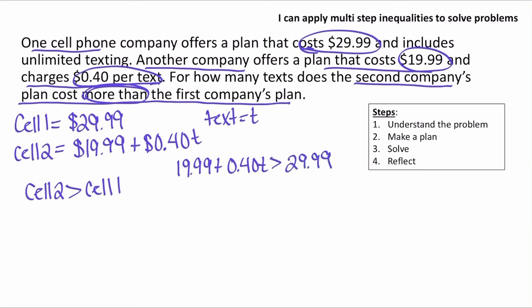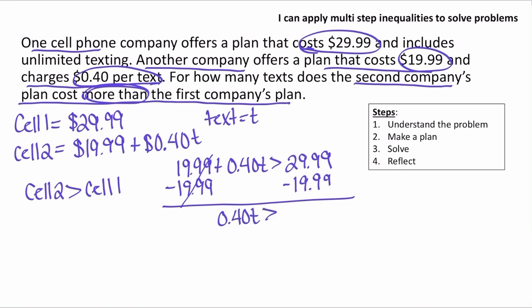Now how are we going to solve this inequality? Let's start off by subtracting 19.99 from both sides. On the left, 19.99 minus 19.99 cancels. Then we have 0.40 T, which is bigger than 29.99 minus 19.99, which is 10.